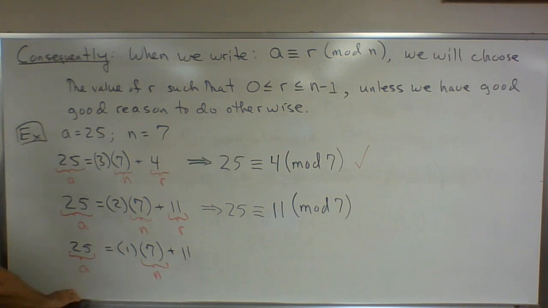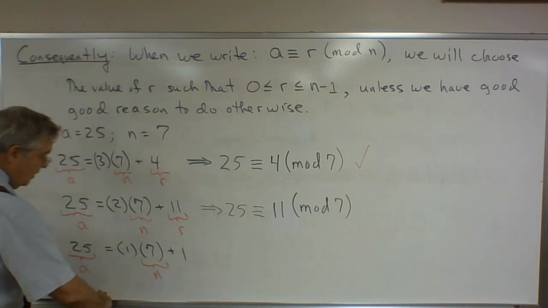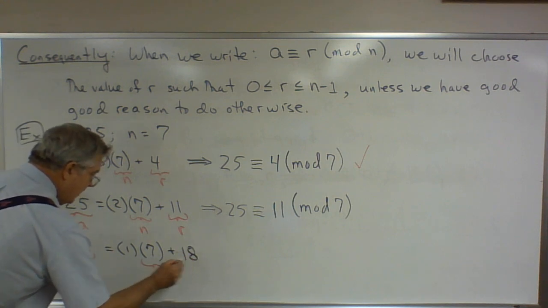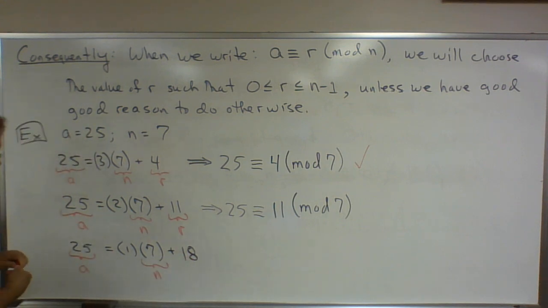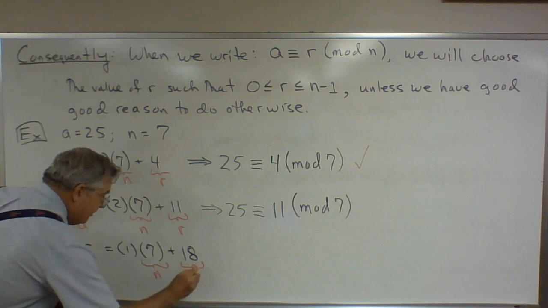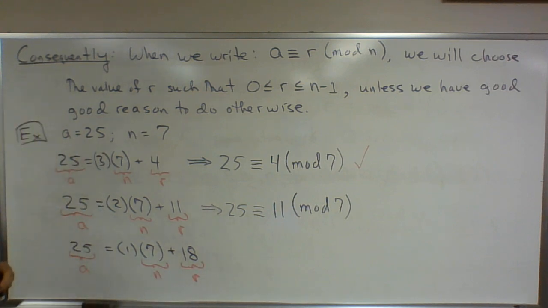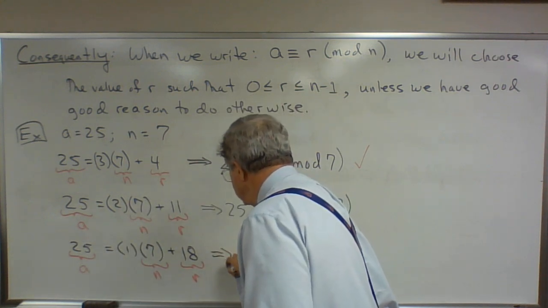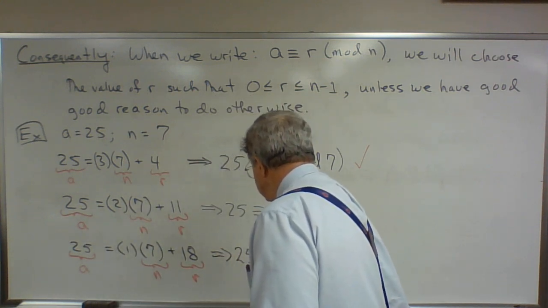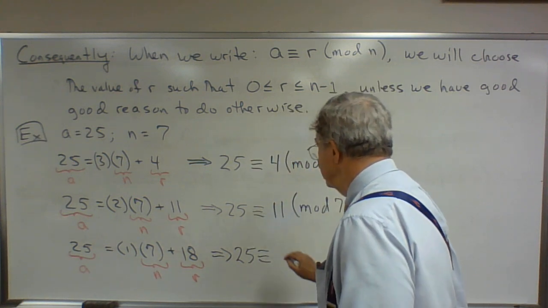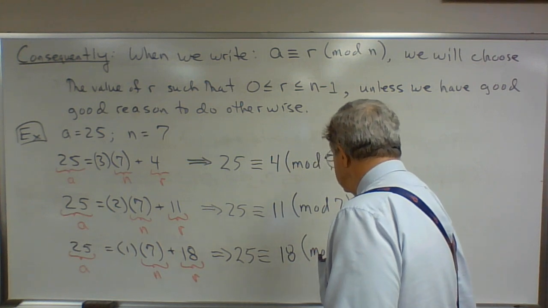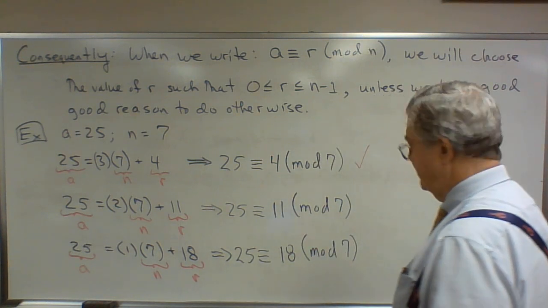And we could write 25 is congruent to 18 modulo 7.